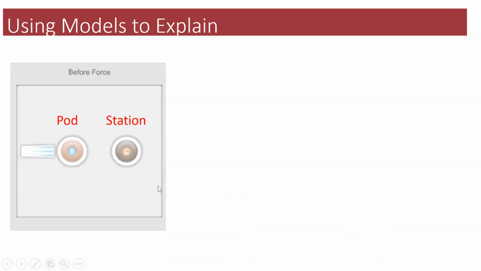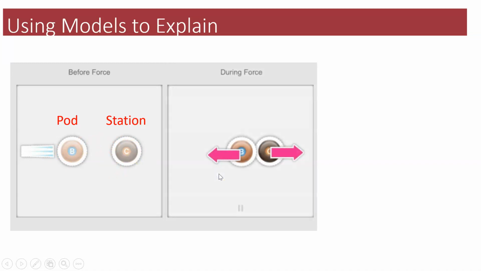All right, let's see how you did. After all, the whole purpose of making models is to help us explain an event. First, the pod with less mass was moving toward the space station. The space station was actually stationary or still. When the pod collided with the space station, a force was exerted on the space station in one direction, and an equal strength force was exerted on the pod, but in the opposite direction.